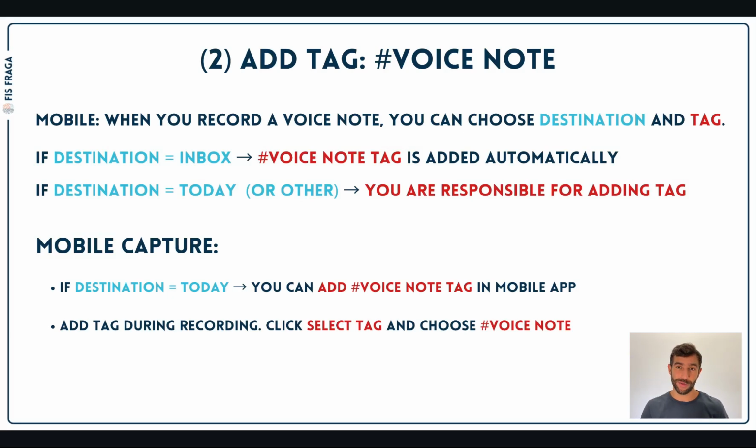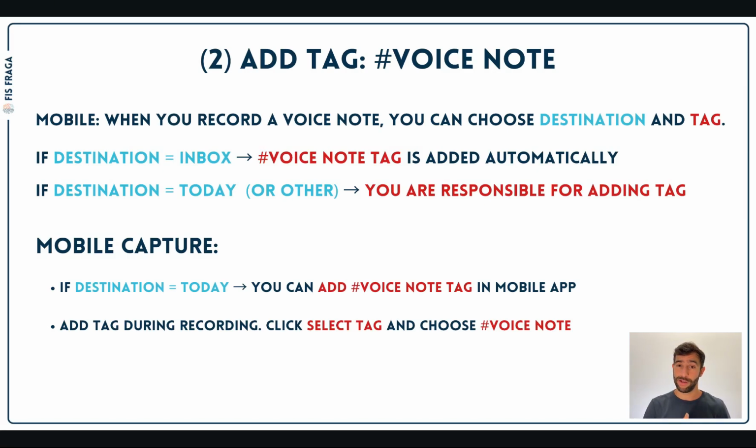Now, how to add the voice note super tag? If you are using the mobile, you can add 2 informations to a voice note, which is the destination and the tag. If you choose the destination as the inbox, the voice note tag is added automatically. If the destination is today or any other place, you are responsible for adding the tag.